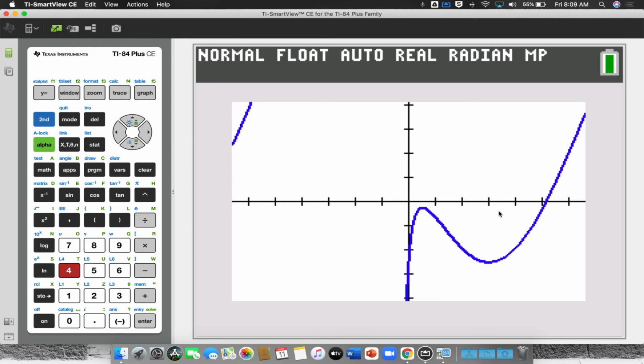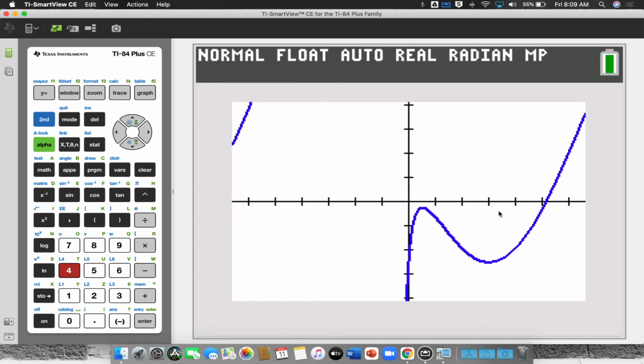So if your calculator is not giving you something that looks like my picture, it's probably because something in your function wasn't in parentheses. Like I said, calculators are very touchy with those things. All calculators are. Desmos is, TIs are, they're all very touchy with parentheses.